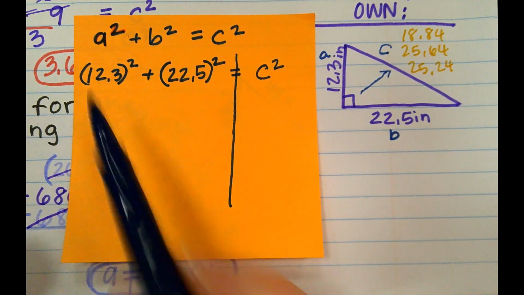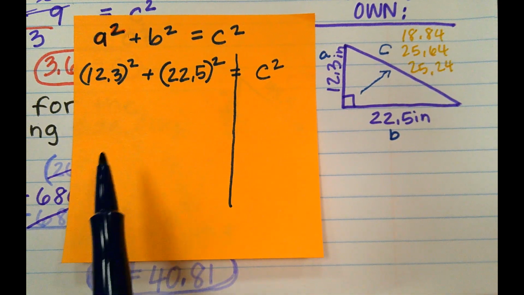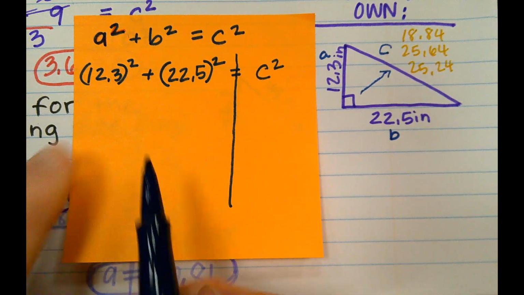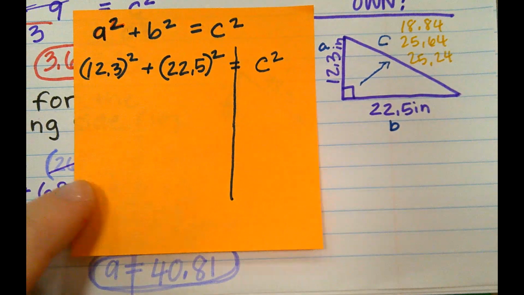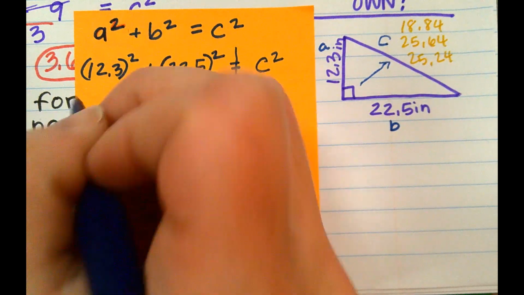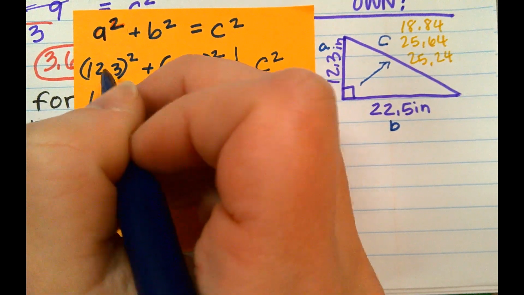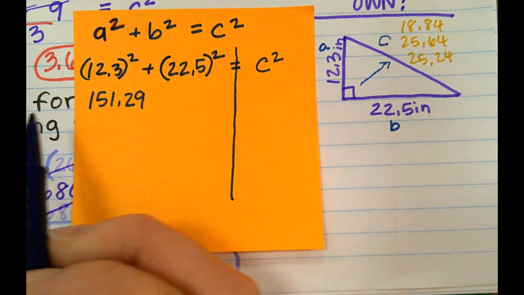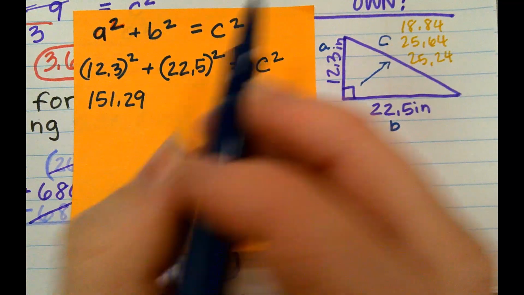Okay, so what do I do now? I've got it plugged in. Find out what their square equals. 12.3 squared, you said 151.29. And 22.5 squared is 506.25.